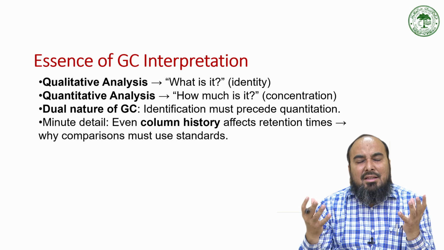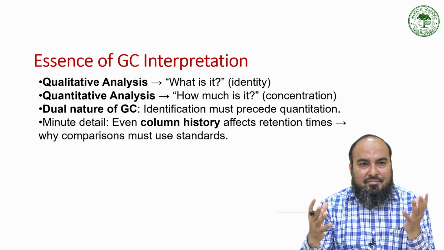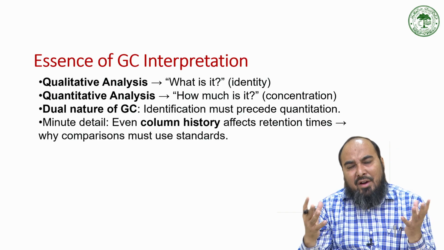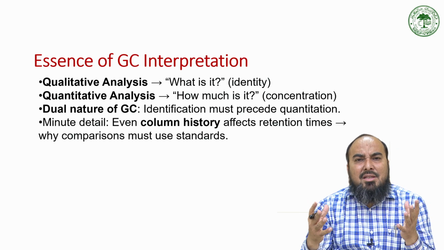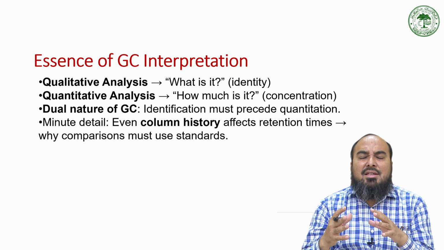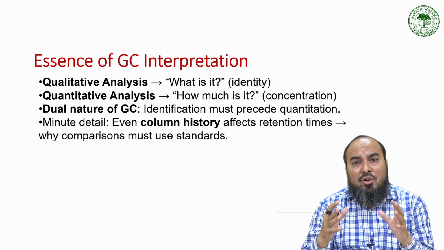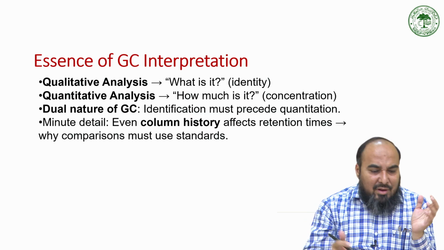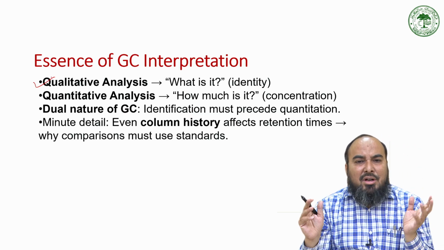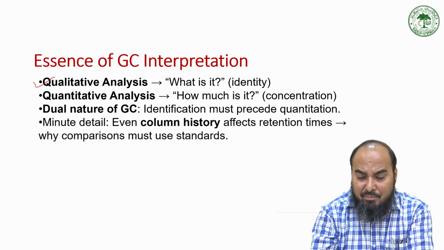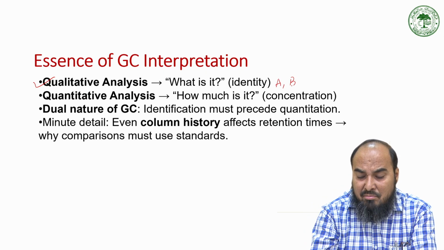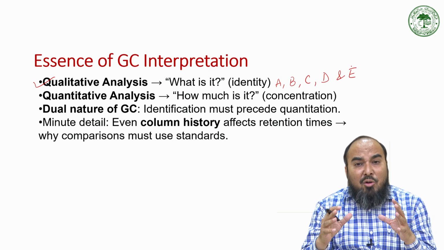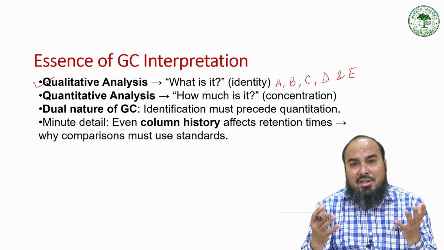Okay, so what is the essence of GC interpretation? What is actually the summary of all this discussion? Qualitative analysis, that you have to identify on the basis of the nature how many different components are present. Similarly, when you are sure that 5 components are there, for example A, B, C, D and E, now you have to look at how much quantity of each component is there.